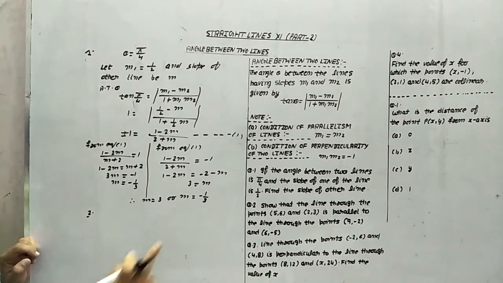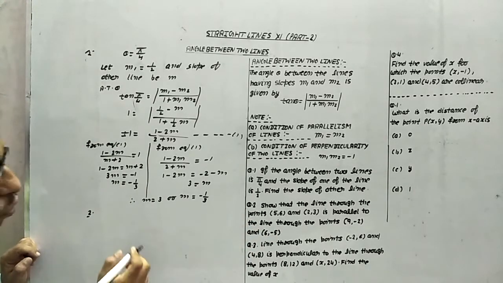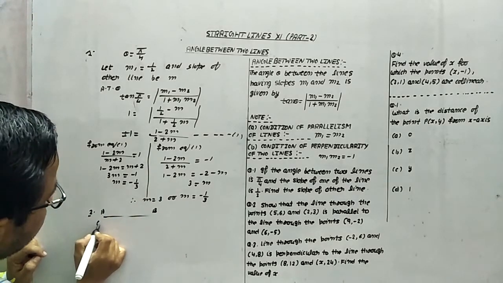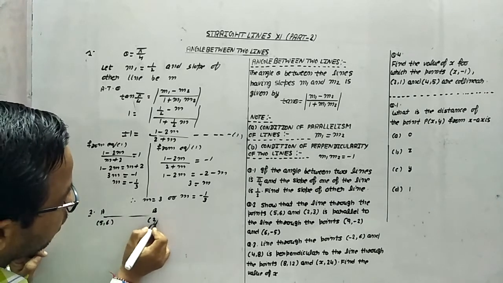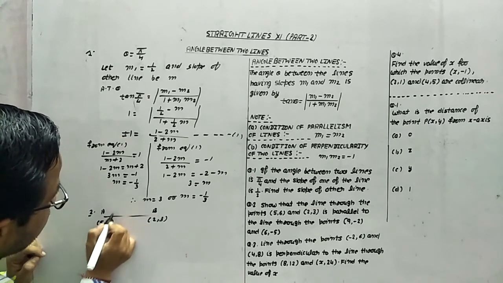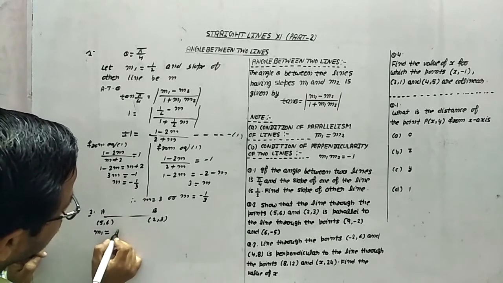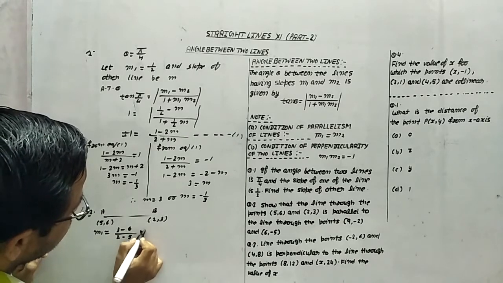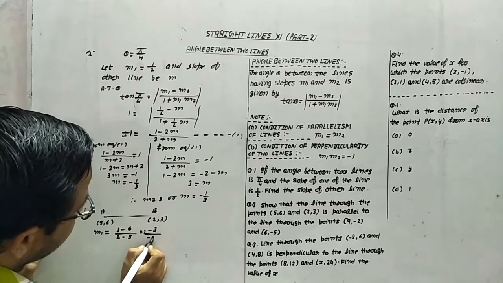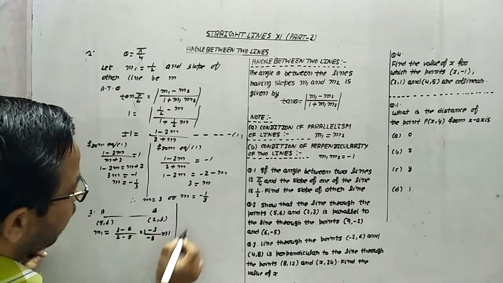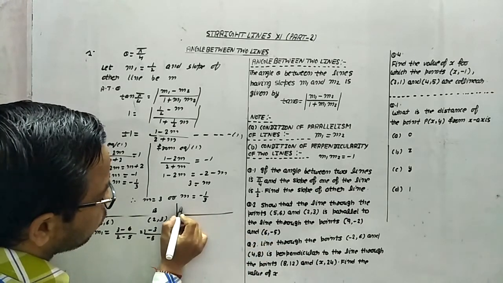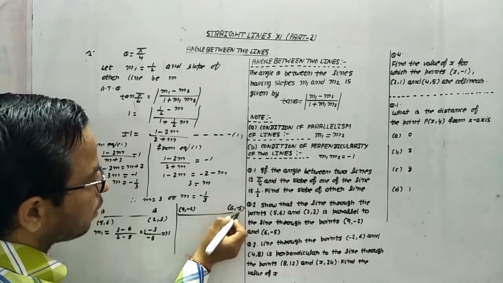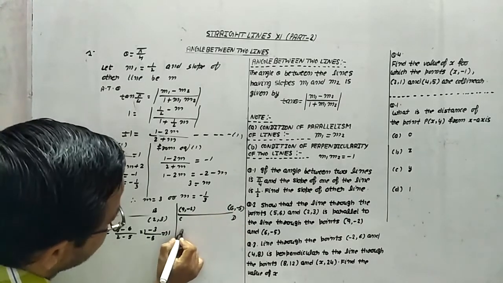In the second question, show that the line through this point is parallel to this line. Let us suppose this is the line AB, which is passing through the point 5, 6, and this is at 3. Let the slope of this line be m1. It means m1 is equal to (y2 minus y1) upon (x2 minus x1), so this becomes minus 3 upon minus 3, which is 1. Let us suppose this is another line CD, with end points 9, minus 2 and 6, minus 5, and let the slope of CD be m2.